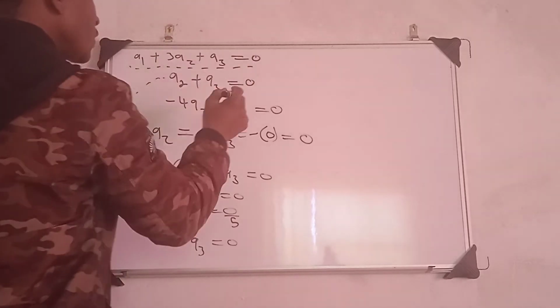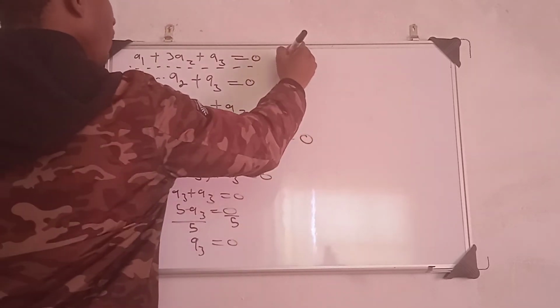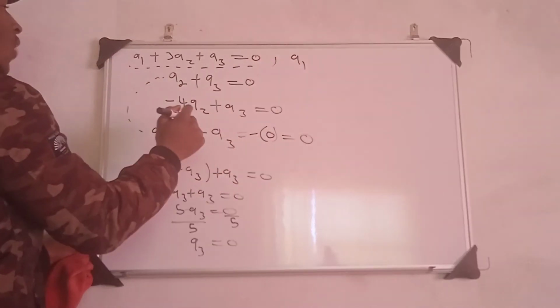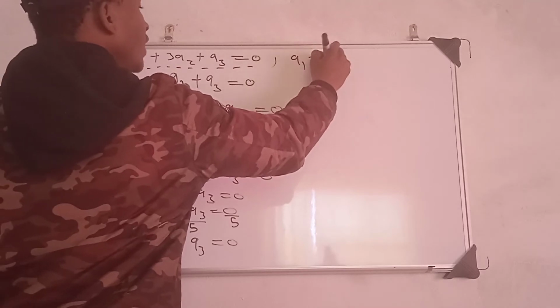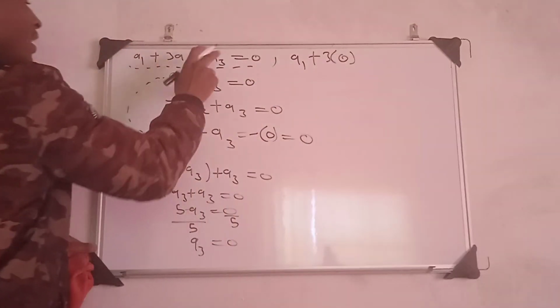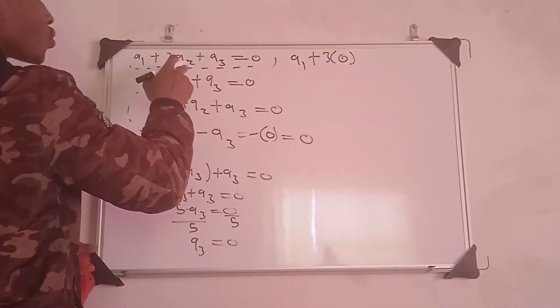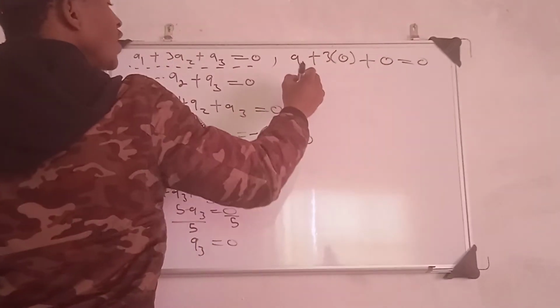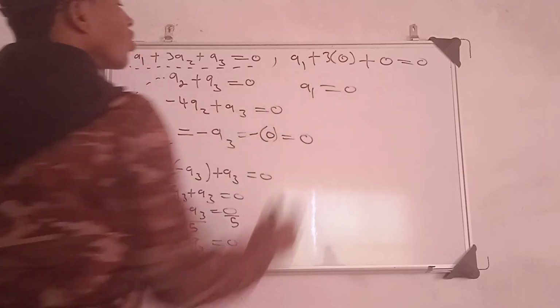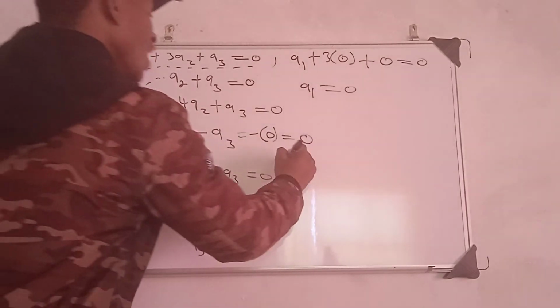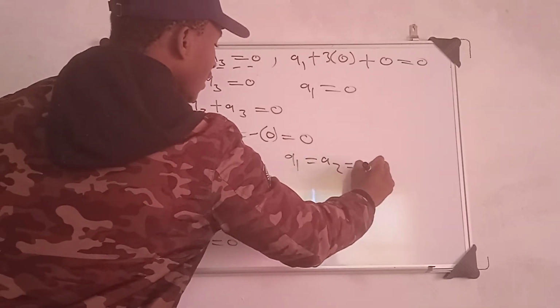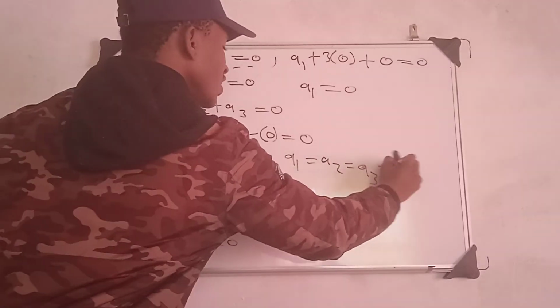So when I substitute on that equation, my A1 will be just A1, but my A2 and my A3 will just be 0, equals to 0. So we can see that A1 equals to 0 also. So that means that A1 equals to A2 equals to A3 equals to 0.